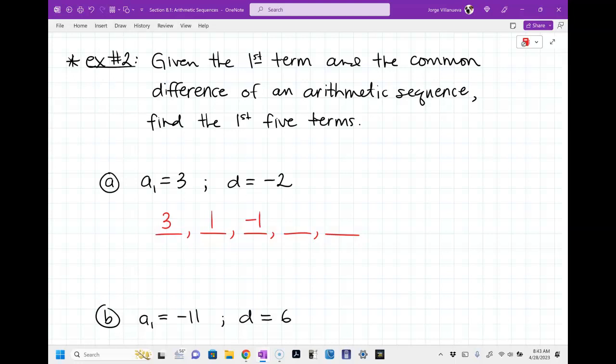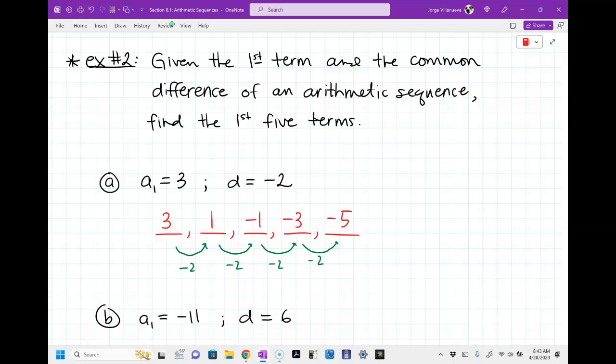Negative 1 minus 2, negative 3. And negative 3 minus 2 is negative 5. Okay, and there you go. You got your first 5 terms. You don't have to do the stuff I'm doing in green. This is just to kind of show in notes, right? We subtracted 2 every single time. Okay? That's basically what happened.